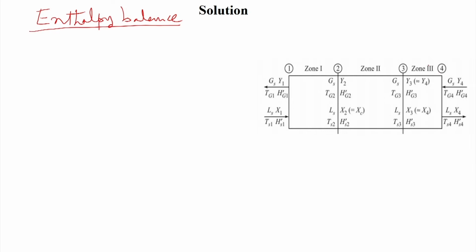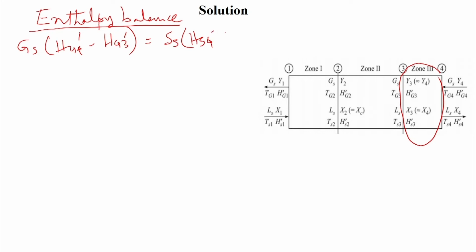In this zone 3 we do this: Gs into Hg4 prime minus Hg3 prime is equal to Ss into Hs4 prime minus Hs3 prime.